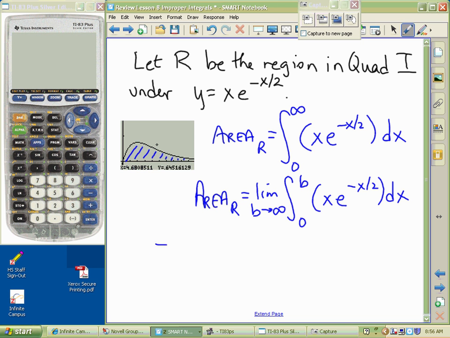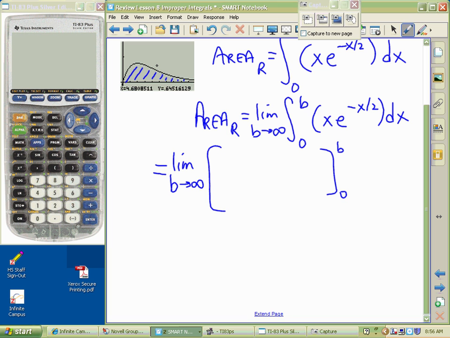So here's what we're going to do. We're going to come up with an antiderivative, sub, and subtract. Integration by parts. Let's use the tabular shortcut. In the tabular shortcut, we go derivatives down the one side and then antiderivatives down the other. So I need an antiderivative of e to the negative x over 2.